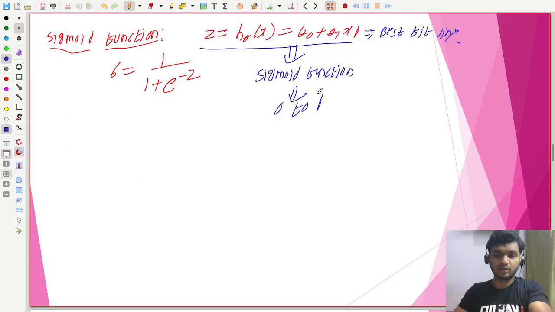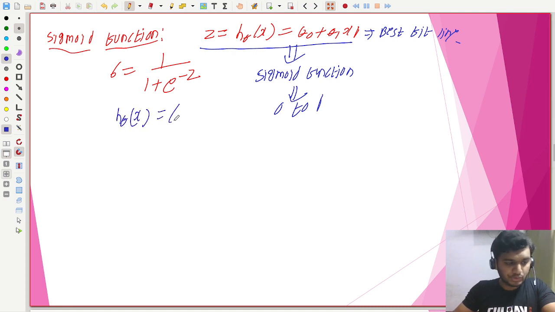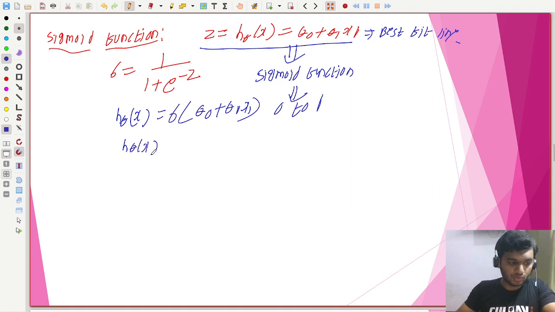Then it converts to 0 to 1. So in s theta of x, you will use the sigmoid function on theta 0 plus theta 1 x1, that is s theta of x equals 1 by 1 plus e to the power minus z, that is minus theta 0 plus theta 1 x1.